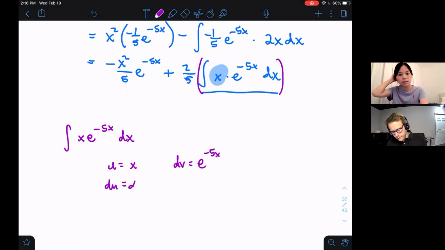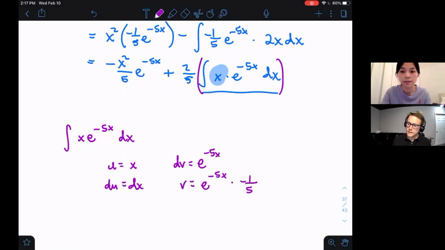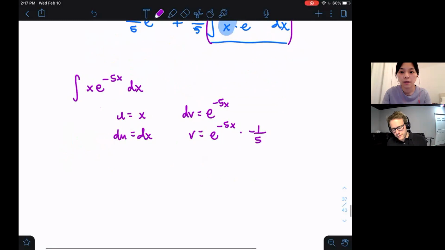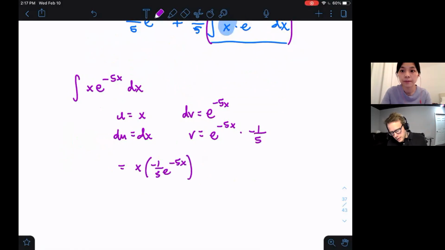When I take the derivative, we get du is equal to dx. When I take the integral, I get e to the negative 5x times a negative 1/5. Again, there's a small u substitution going on here in order to get that negative 1/5. So when I go to evaluate this, this is going to be equal to uv, so x, negative 1/5, e to the negative 5x, minus the integral of v du.